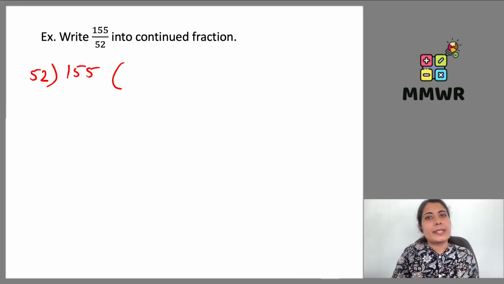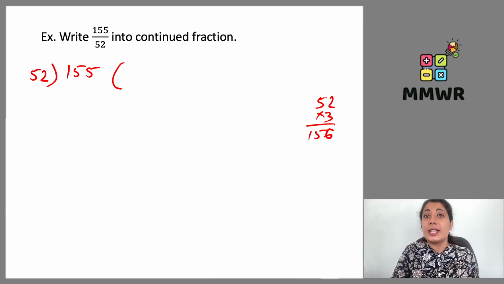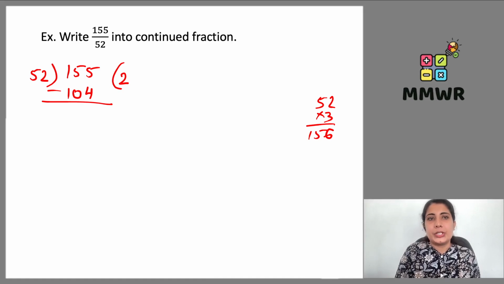So 52 ones are 52, 52 twos are 104, 52 threes are, look, 52 multiplied by 3 gives me 156. 156 is greater than 155. That means we will be able to divide it two times only. 104, 2 twos are 4, 2 fives are 10. So two times we will be doing the division. 155 minus 104 gives me 51, right?